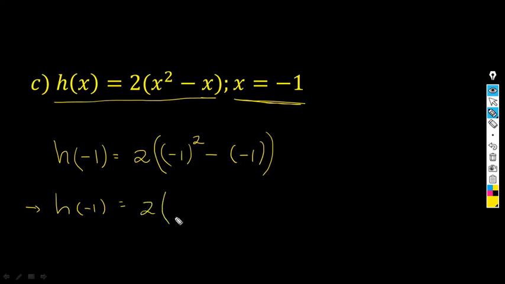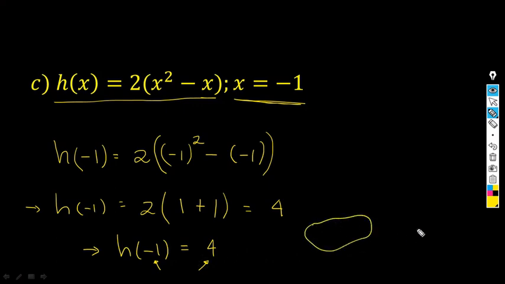So let's do it. Minus 1 squared is 1, minus times minus 1 is plus 1. So this is 2 times 2, which is 4. So we say the following: h of minus 1 equals 4. h is the machine or the function that transforms this input, the input minus 1, into the output 4.